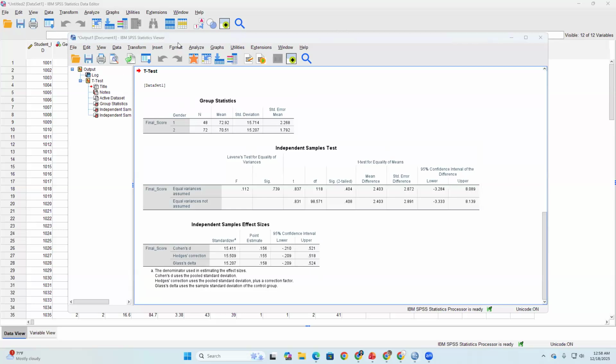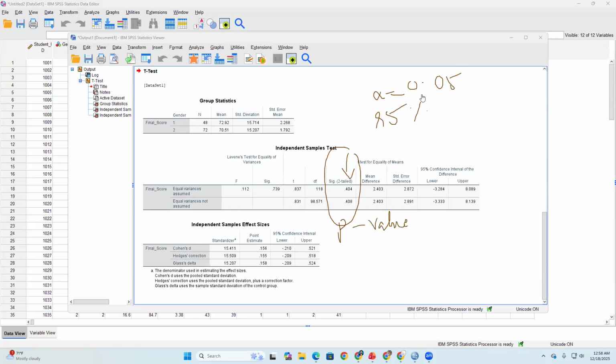We can always identify the significance with the help of our p-value that is here. What did we set as the alpha or the confidence interval? I set the confidence interval at 95%. Is that right? Okay, so the alpha will be 0.05, and this is the p-value.